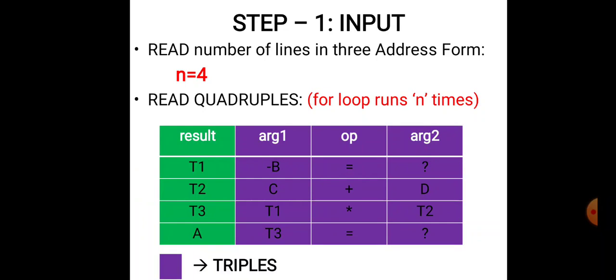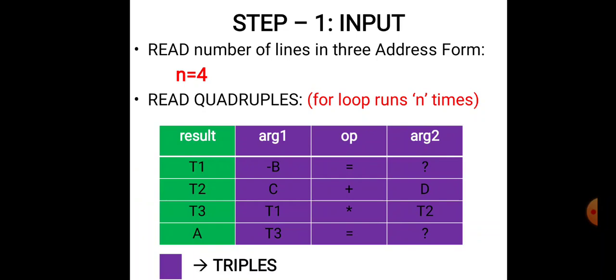So as you can see, we have extracted T2 as the result variable, C as argument 1, plus as the operator, D as argument 2. For the last sub expression, A is the result variable, T3 is argument 1, equal to is the operator, and since we don't have argument 2 for the last sub expression, we have represented it by a question mark.